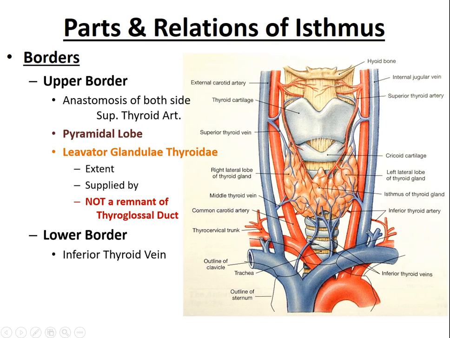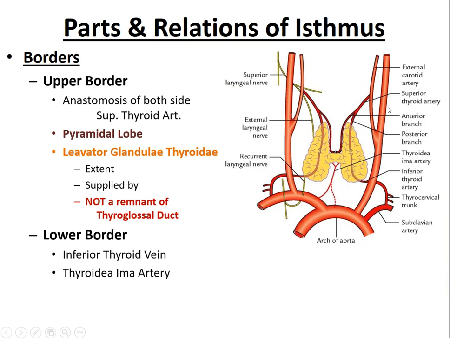So the inferior thyroid vein, which ultimately drains into the left brachiocephalic vein, and this relation is very important when we are doing surgery of the thyroid gland. In addition, sometimes the accessory thyroid artery, that is the thyroidea ima artery, also arises in relation with the lower border of the isthmus.